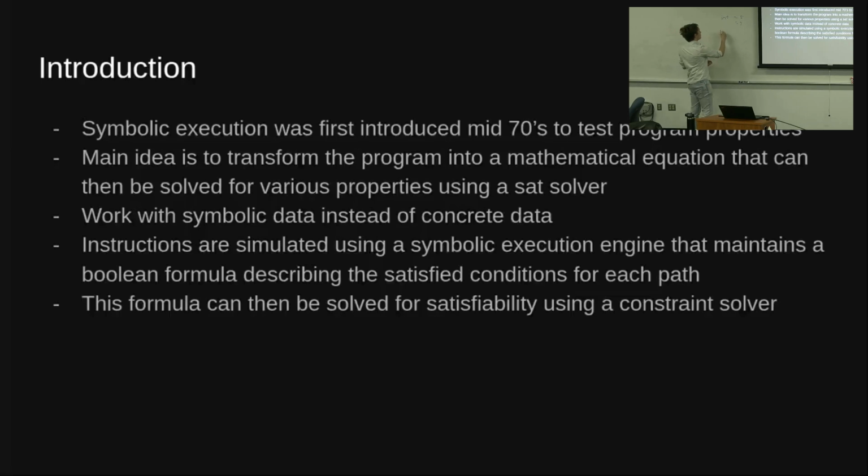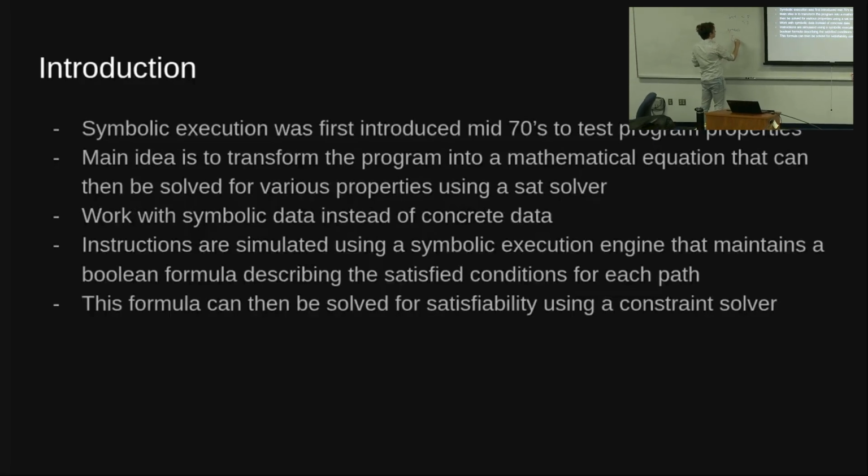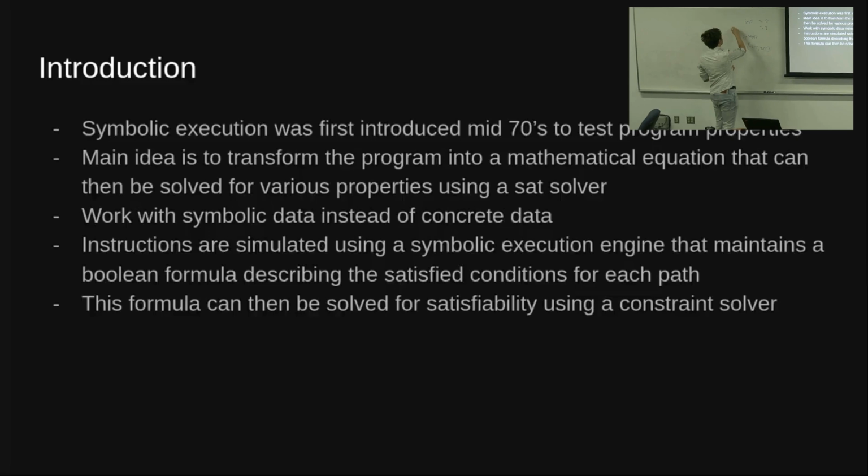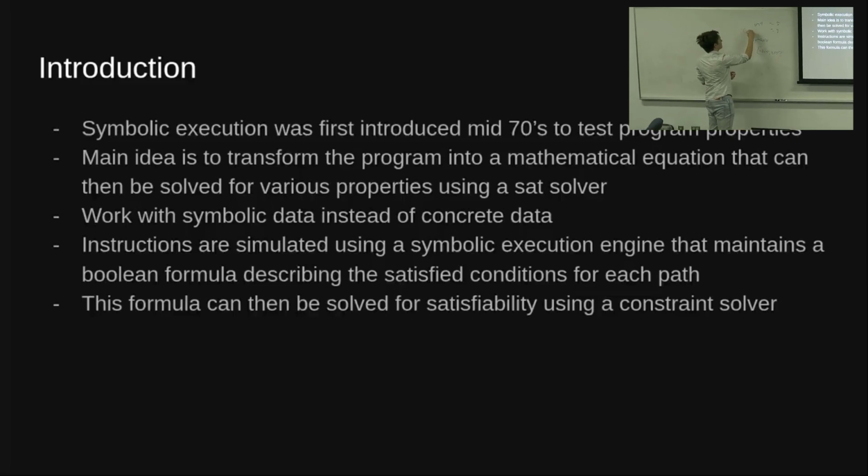With symbolic data, you set up an abstract symbol for it. You might say that the integer could be anything in the range negative 255 to 255, if it's an 8-bit integer.